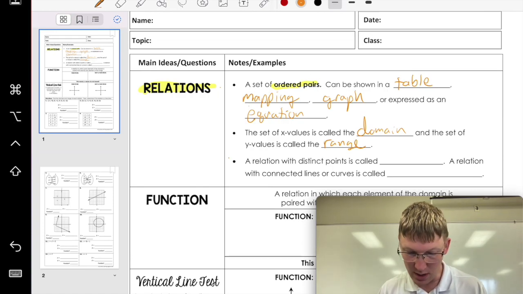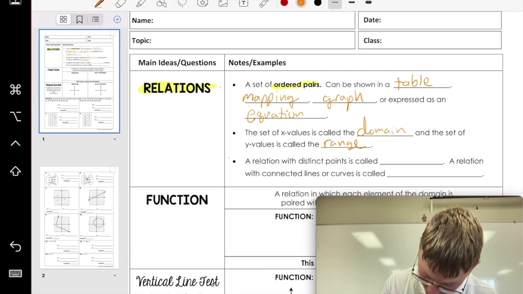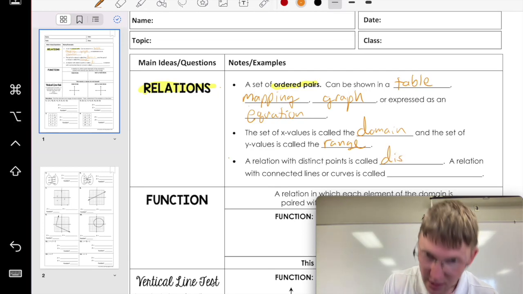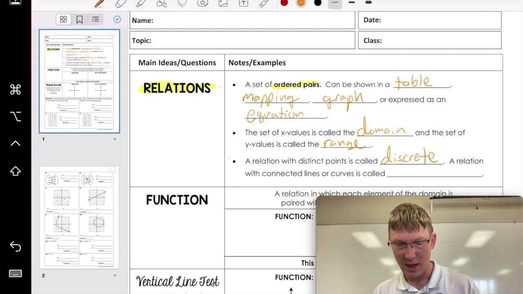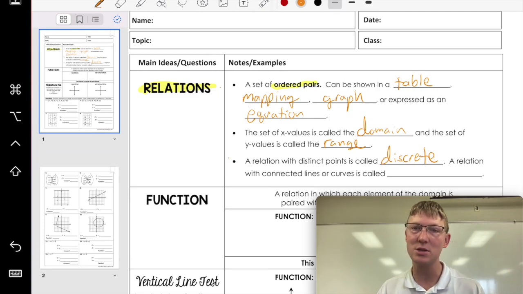Then, as we move on, a relationship with distinct points is called discrete. And a relationship with connected lines or curves is called continuous.